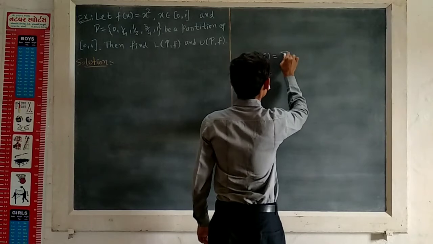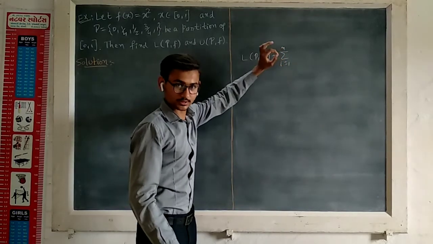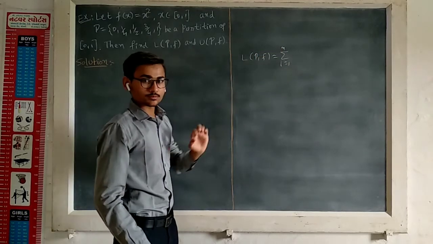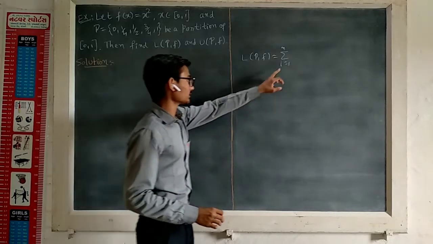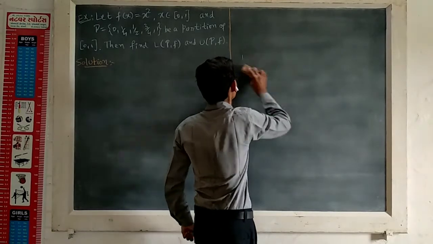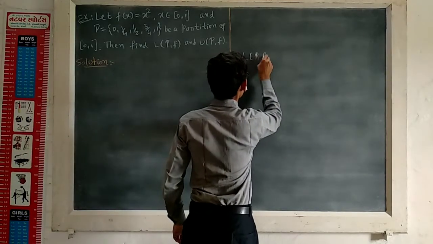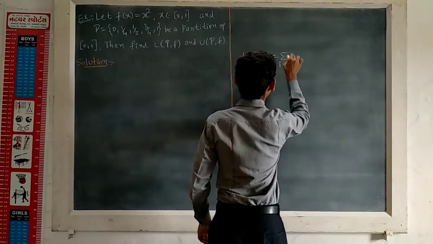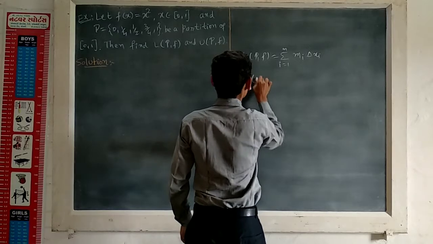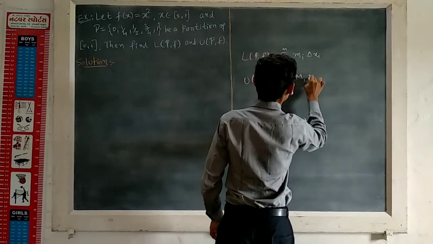The definition of LPF is summation of i running from 1 to n of small mi into delta xi, and UPF is summation of i running from 1 to n of capital Mi into delta xi.